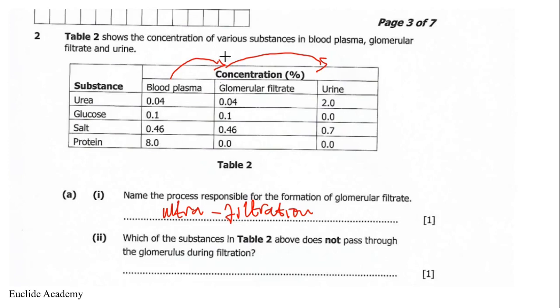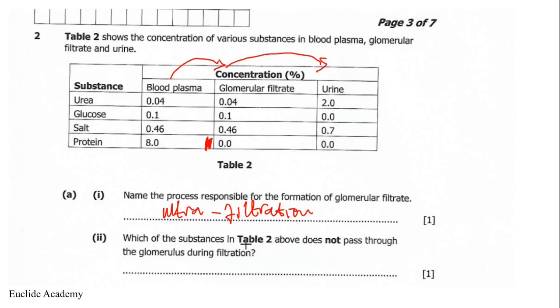Then there is some filtration which goes on to give us glomerular filtrate, and then you see urea remains the same, glucose and then salt, they kind of remain the same concentration. And then we can see here that the protein has reduced, like there was something which happened here for it to go from 8.0 to 0.0, right?